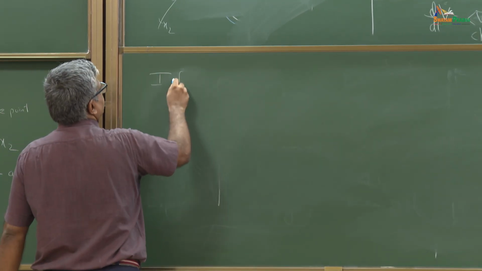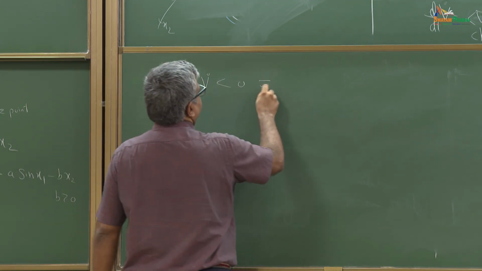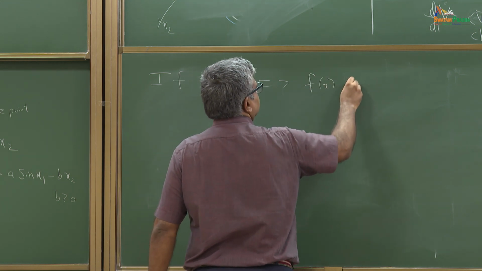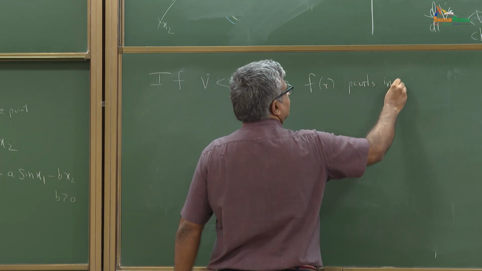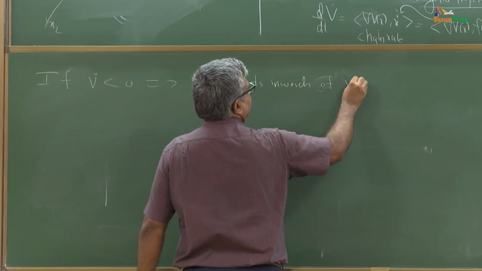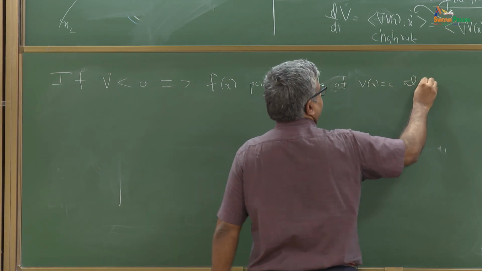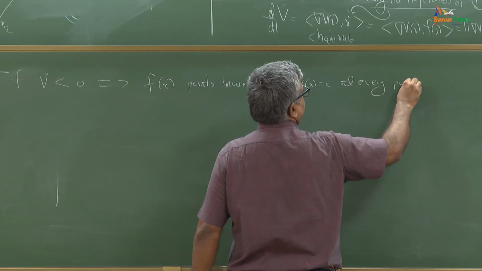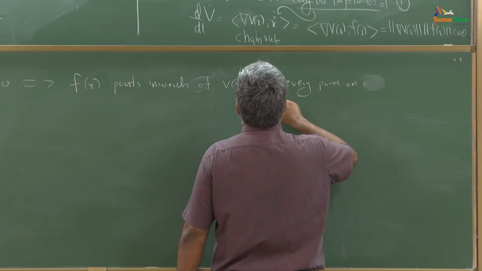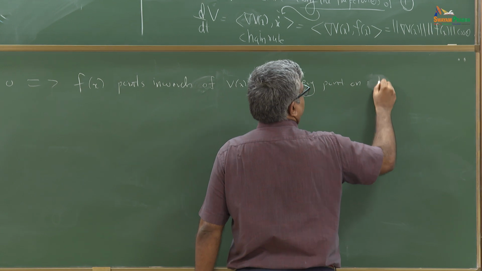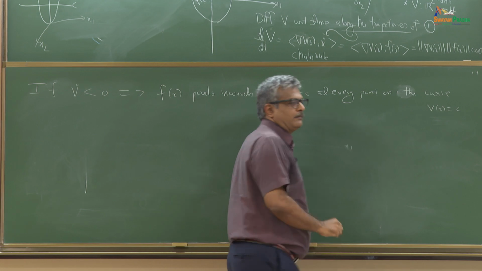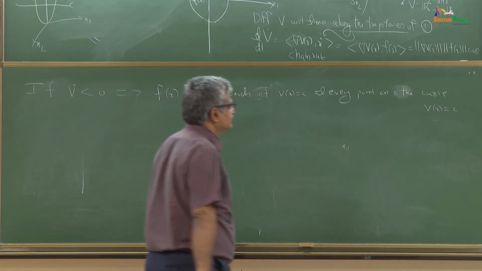So if V dot less than 0, it implies f of x points inwards at every point on this curve. The level set. This is called the level set.